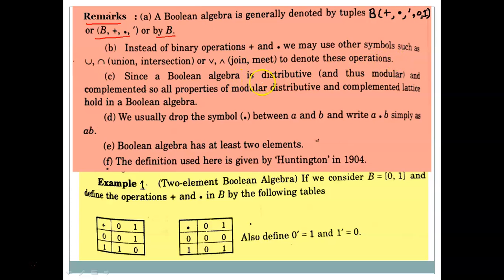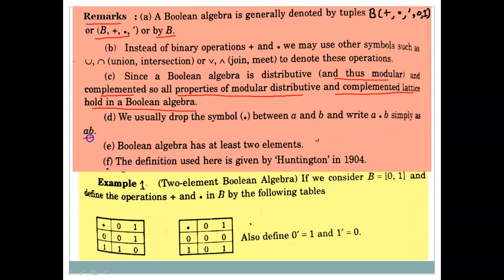Since a Boolean algebra is distributive, thus it is modular and complemented, so all the properties of the modular, distributive and complemented lattice hold in a Boolean algebra. Next remark is, we usually drop the symbol dot between A and B. We simply write A dot B as AB.